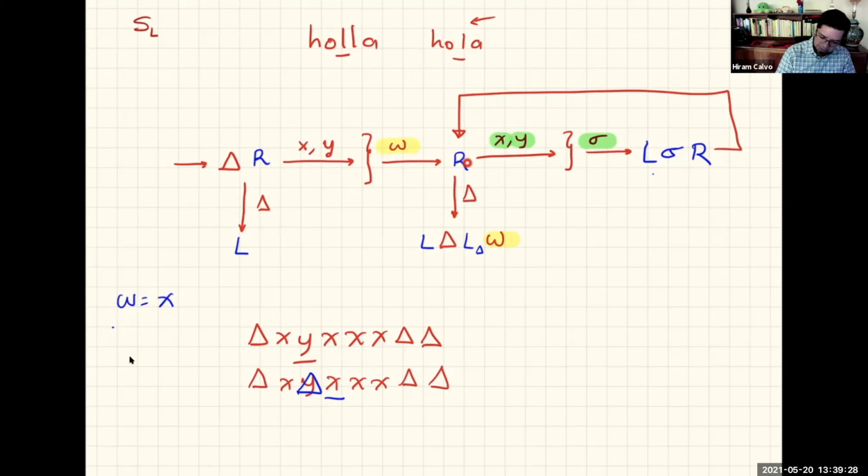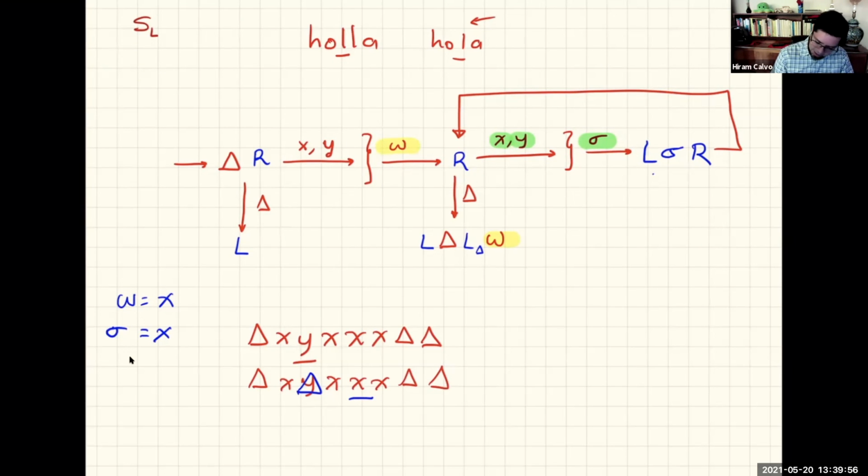Then move to the right. Then we just move to the right and we are here. At this point, again, it says, if you find an X, this will be the value for sigma. If we have a Y, this will be the value for sigma. So in this case, we have an X, then sigma will be X. And then move to the left.